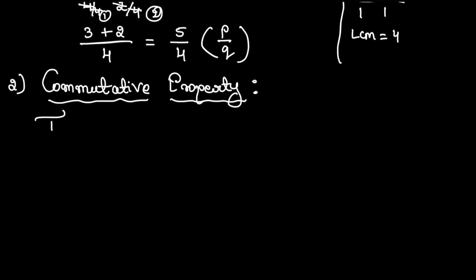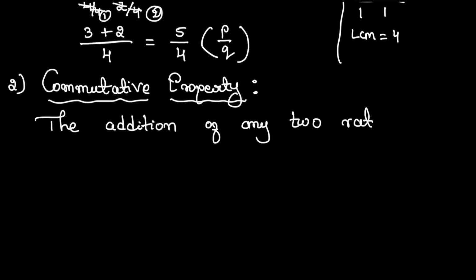The addition of any two rational numbers is commutative.